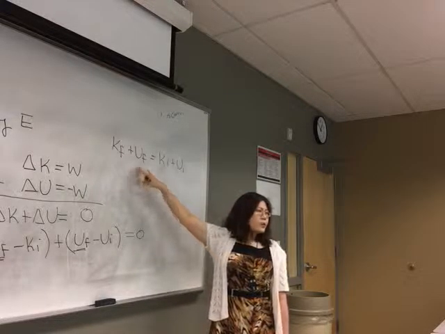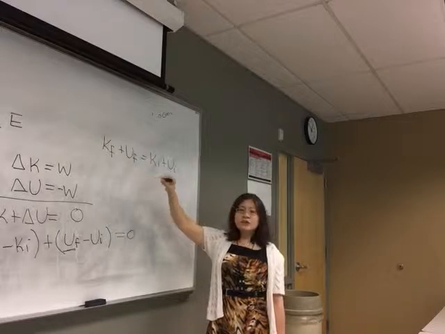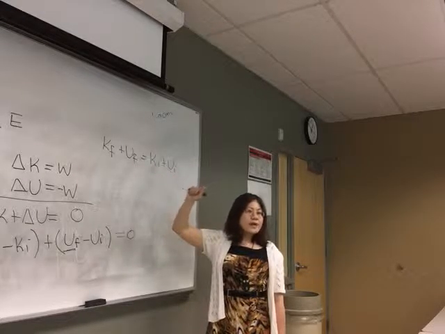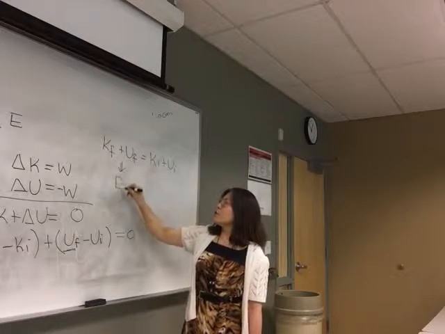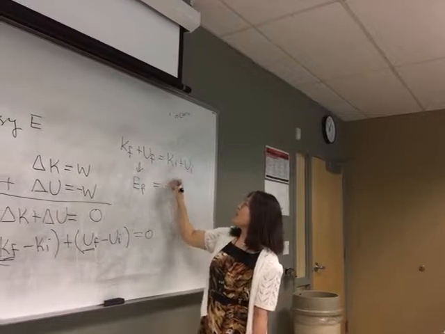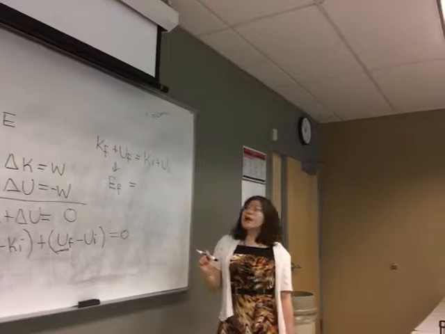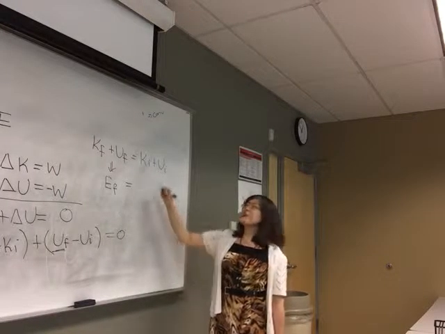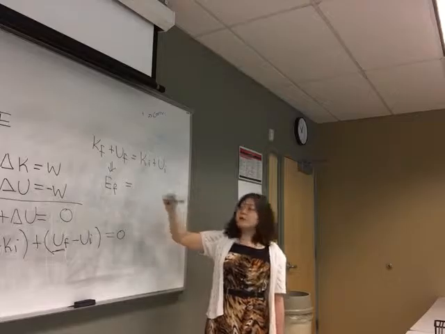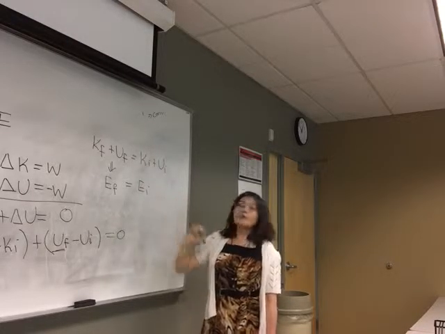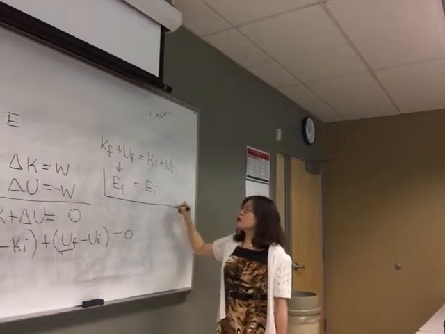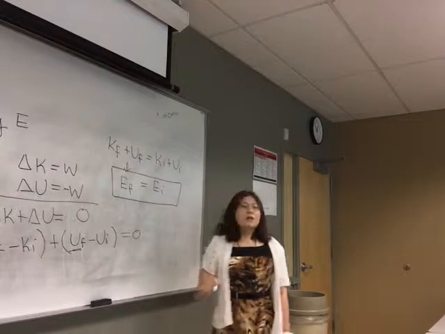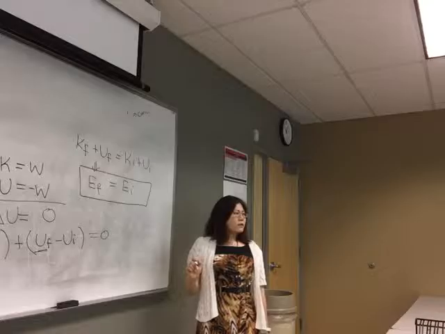The final kinetic energy plus the final potential energy, that's just basically the final mechanical energy of the system. So this gives you this. And what about this? Ki plus Ui, that's just the initial mechanical energy of the system, right? So what does that mean? When you have initial energy and the final energy, they are equal to each other.